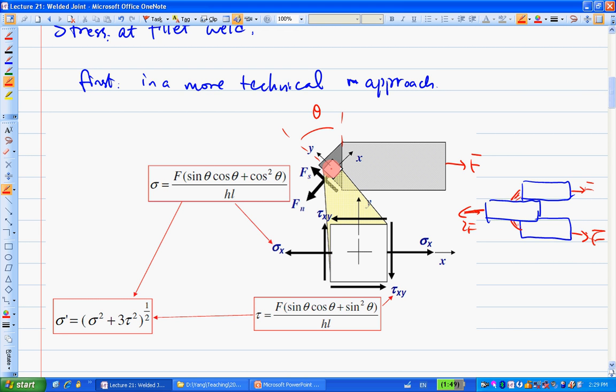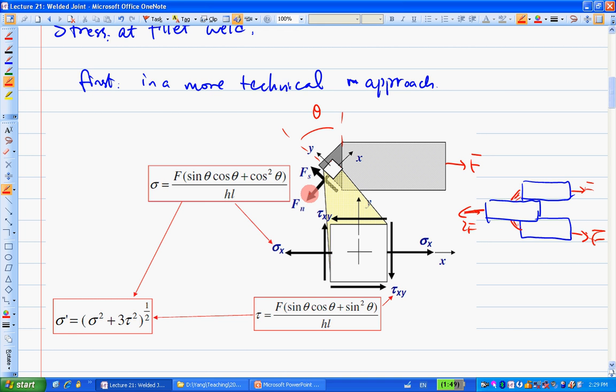First of all, in the free body diagram, in order to make it equilibrium at the cutting cross section, let's say we have a shear force Fs and a normal force Fn.